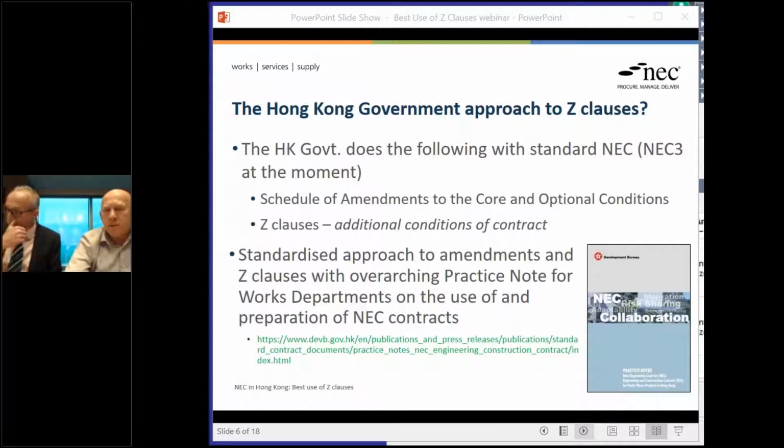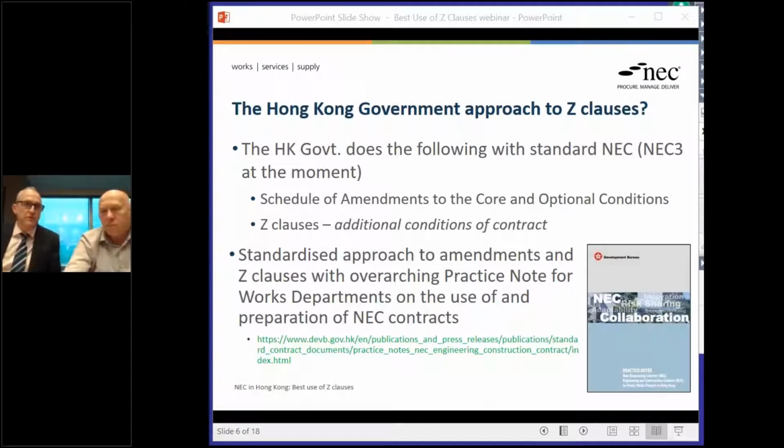But they do two things. First of all, they keep the amendments to the core clauses of NEC separate in a schedule of amendments, so they're not Z clauses as such. And then they have the Z clauses providing what are purely additional conditions of contract, which will apply.